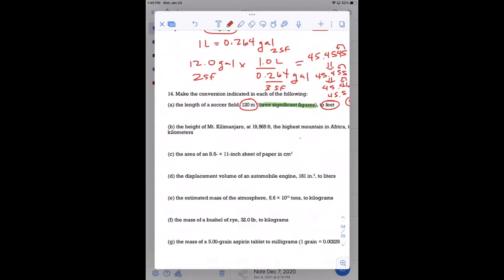So what we have is the length of the soccer field in meters. What we know is the conversion between meters and feet, right? And then what we need is the conversion factor, and what we're trying to find out is obviously how many feet are in 120 meters, right?